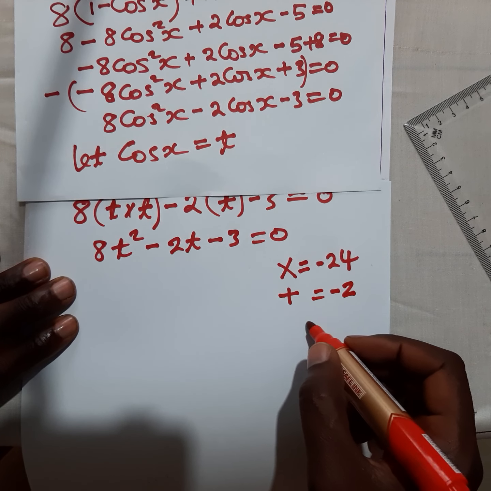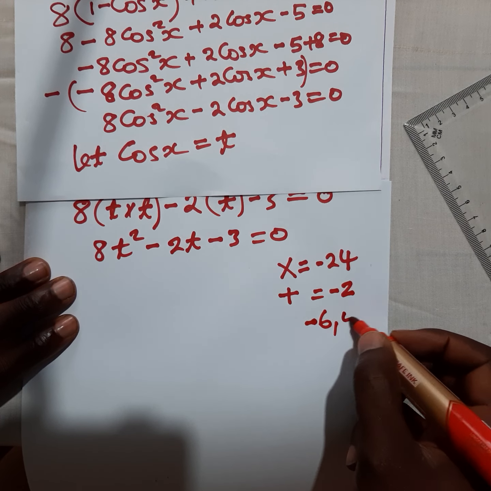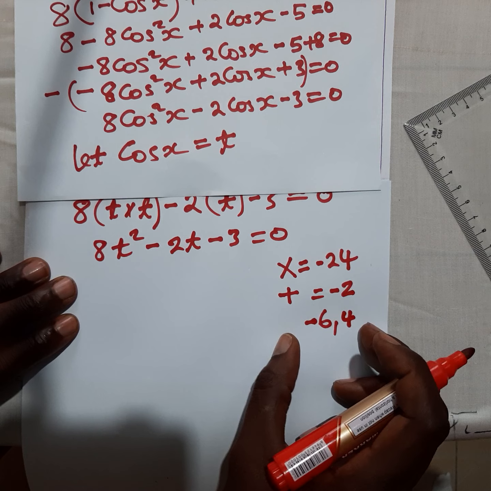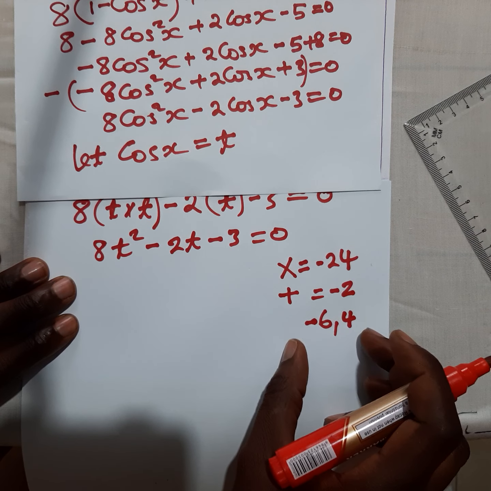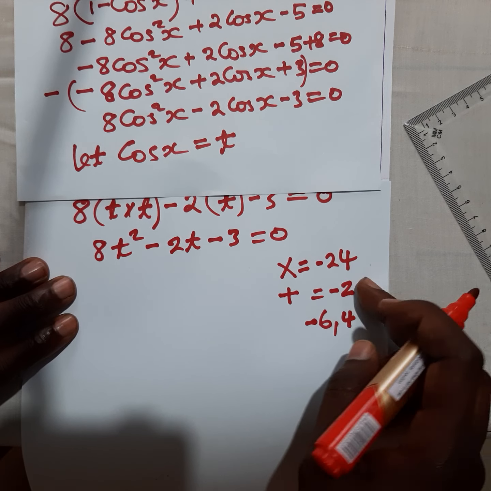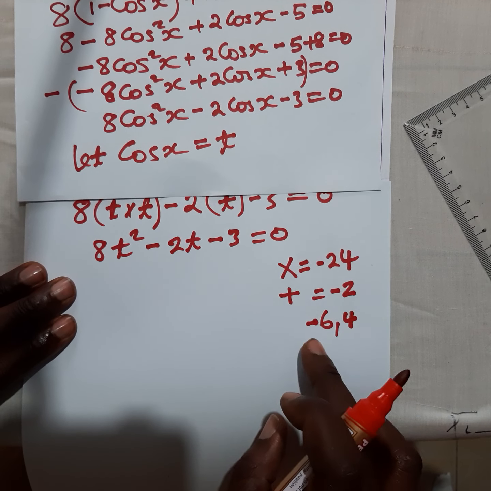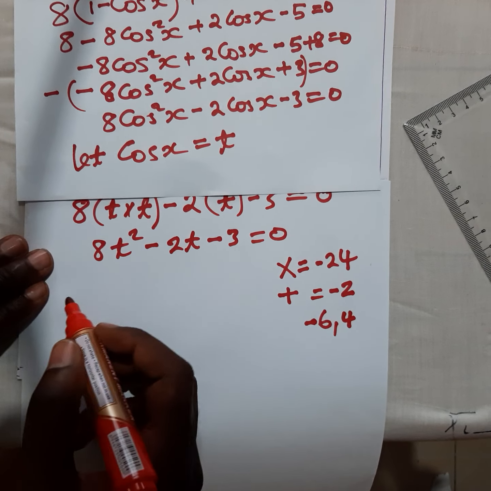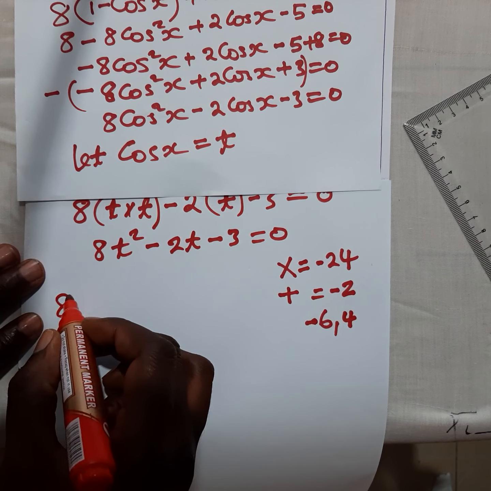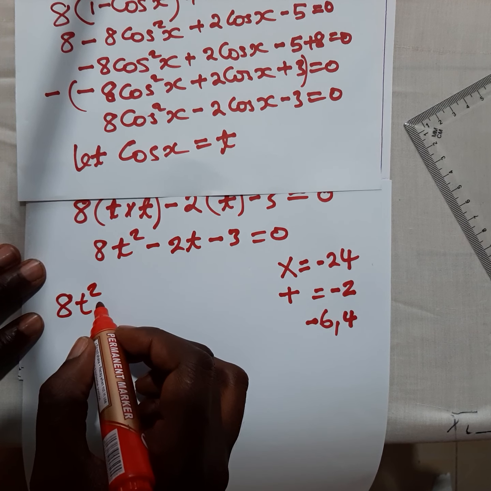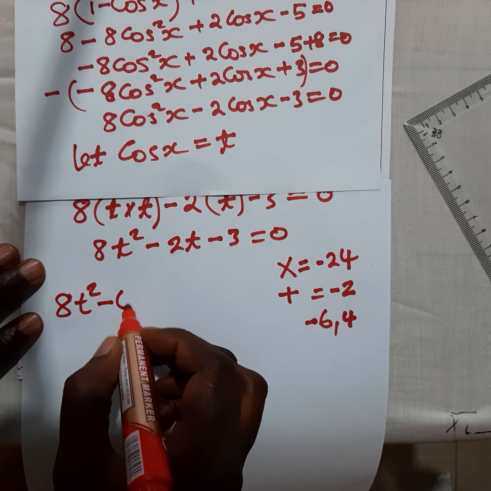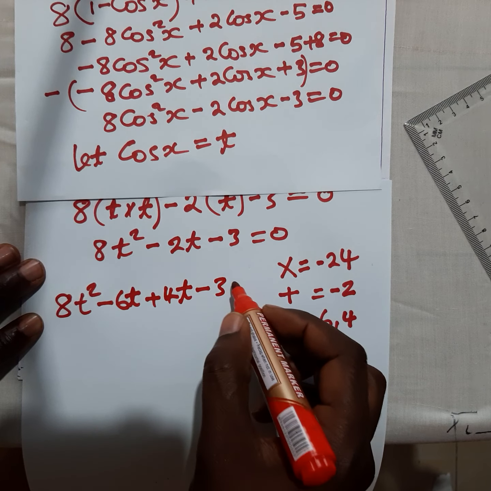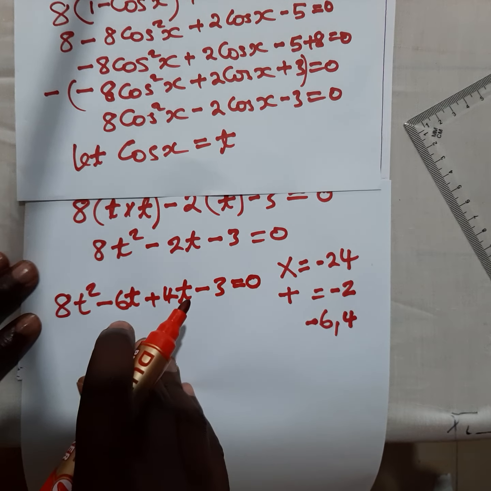These are negative 6 and 4, since negative 6 times 4 is negative 24 and negative 6 plus 4 is negative 2. Then negative 6 and 4 replace the coefficient of t, and we have 8t squared minus 6t plus 4t minus 3 equals 0.